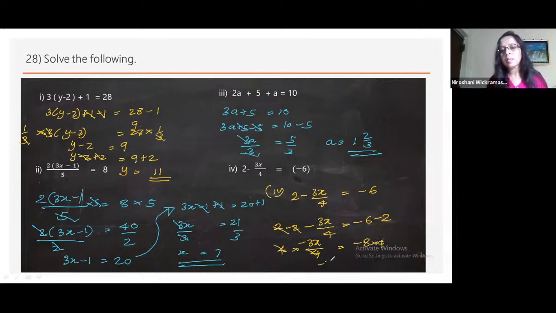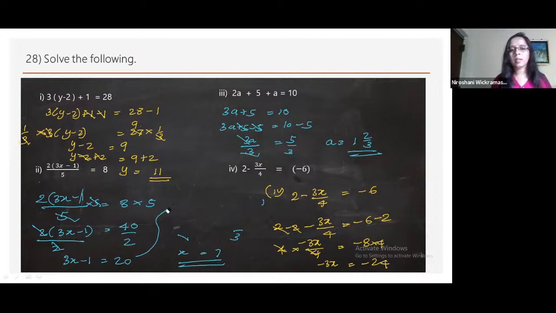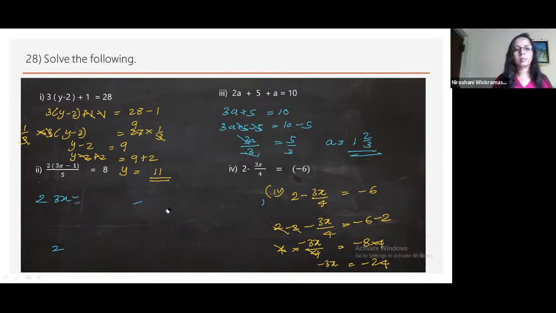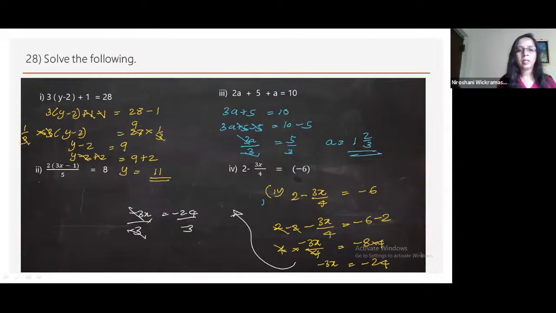Then minus 3x equals minus 24. So I will erase this part because I need the space to do this one. Minus 3x equals minus 24. Now divide both sides by minus 3. Cancel. x equals plus 8, 24 divided by 3 is 8.